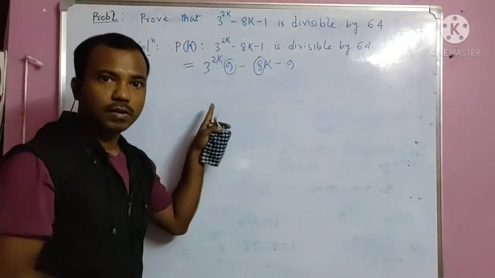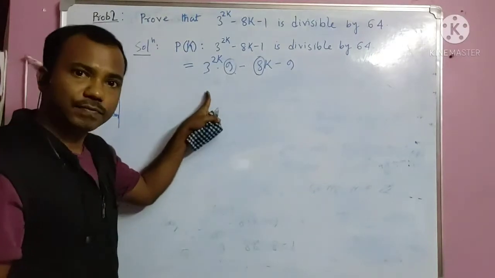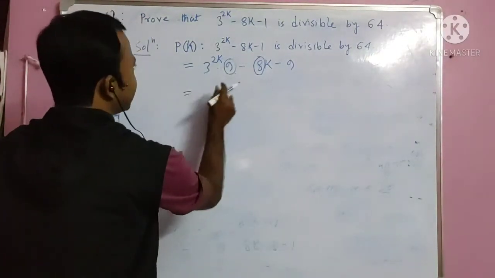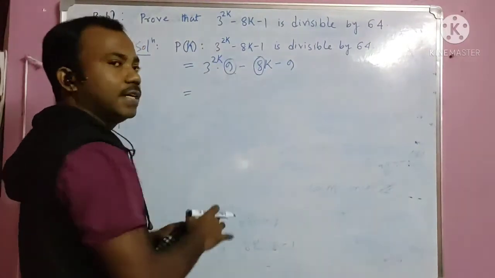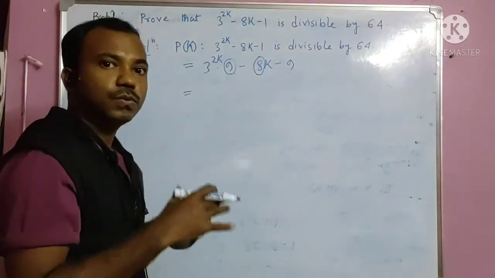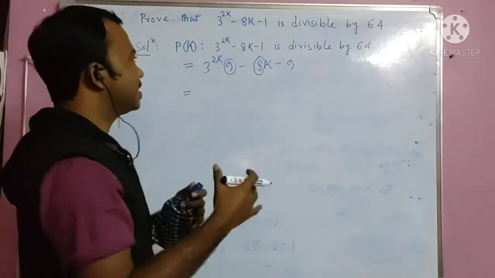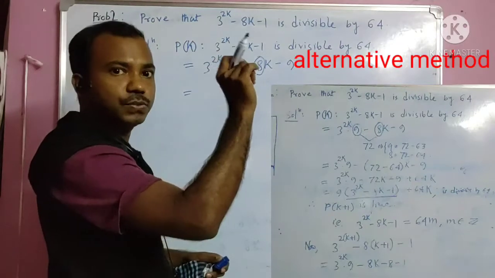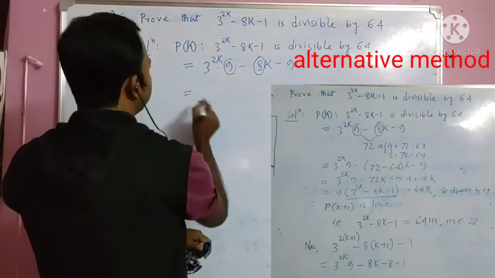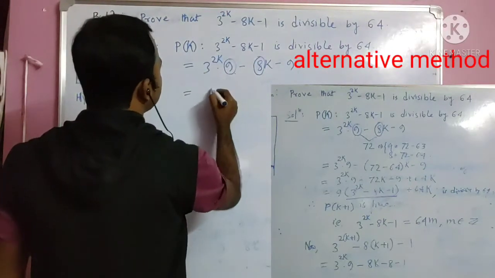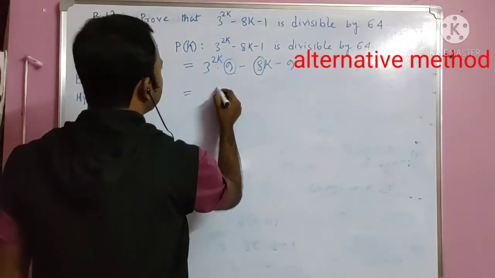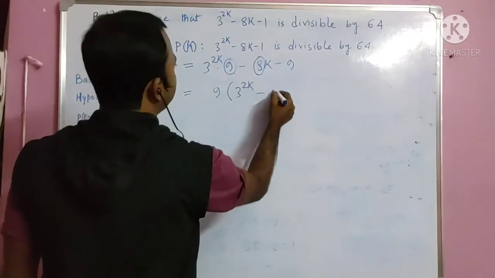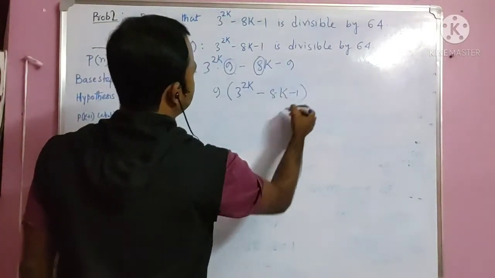Well, there is another approach you can take. You have these terms, and after that you can break them down. If you don't want to break them, there is another easier way. Here in the k plus 1 step, you have 3 to the power 2k, so take 3 to the power 2k and write 3 to the power 2k minus 8k minus 1.